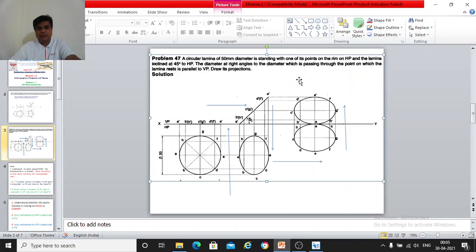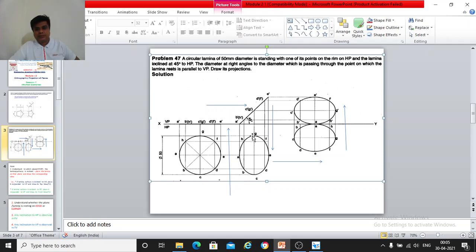So the problem is telling that the diameter at right angles to the diameter which is passing through the point on which the lamina is resting, that is point A. So AE is the diameter which is passing through the point A on which the lamina is resting, and the diameter perpendicular or at right angles to AE is CG.